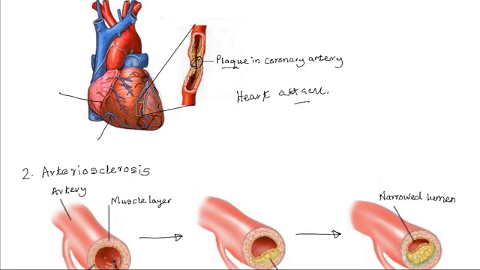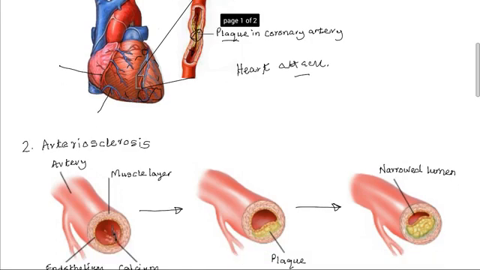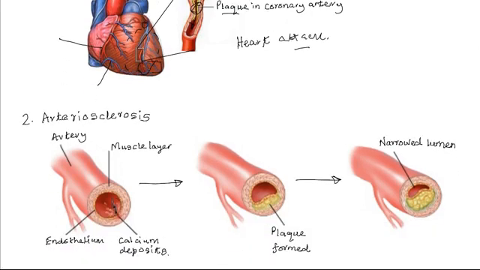Now, the hardening and thickening may be due to deposition of calcium salts or even cholesterol. Now, whenever the inner wall, that is the endothelium, is obstructed, remember, the endothelium has a smooth lining to allow the free flow of blood.